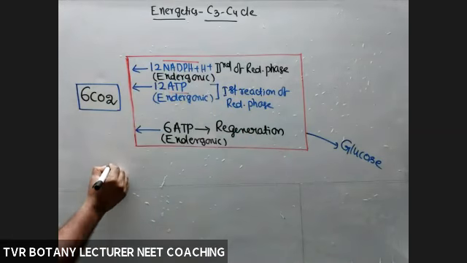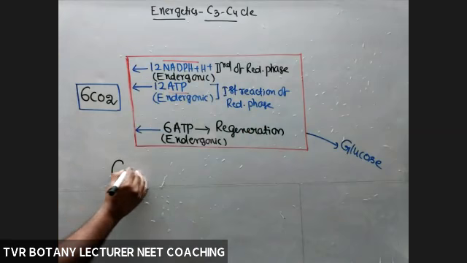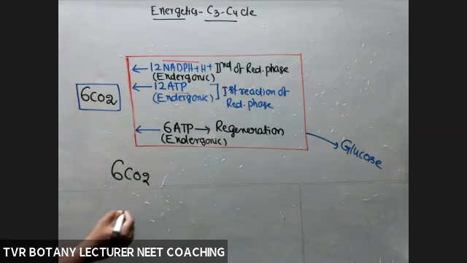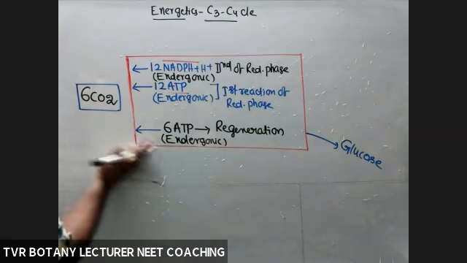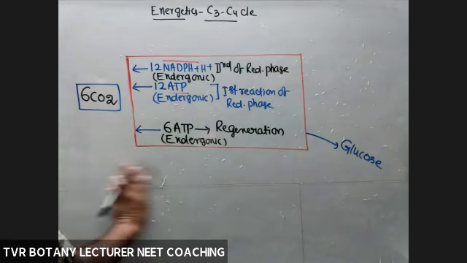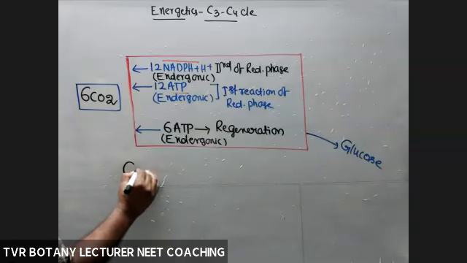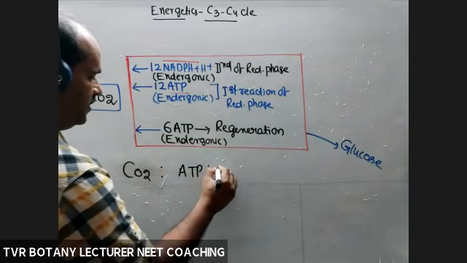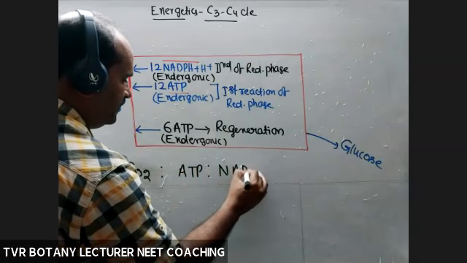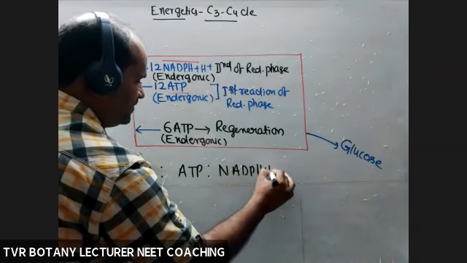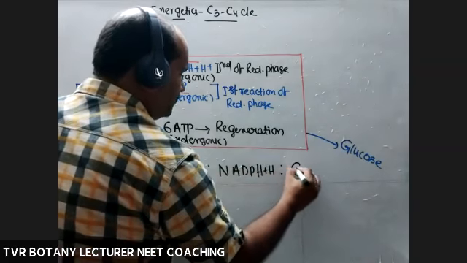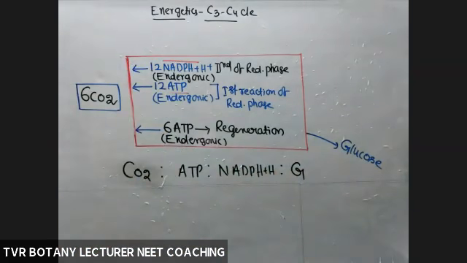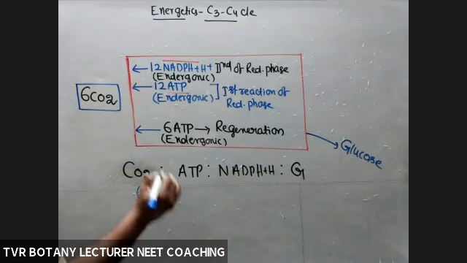Okay, so now the ratio among all these things. What about the number of CO2 molecules? 6 CO2 molecules. So in this case, CO2 molecules versus ATP, NADPH, H plus, and number of glucose molecules produced.